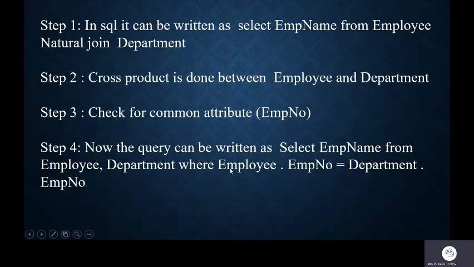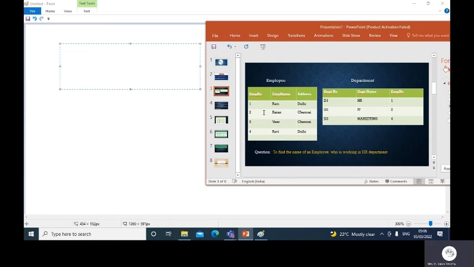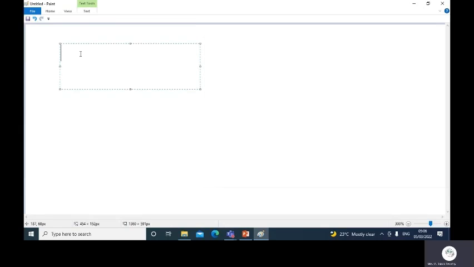So in the employee table, the attribute is employee number, EMPNO. I'm going to explain how this cross product takes place. In the cross product, the first record from the employee table should be multiplied with the first record from the department table.